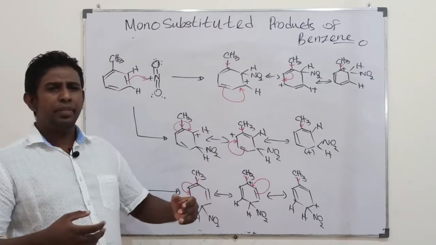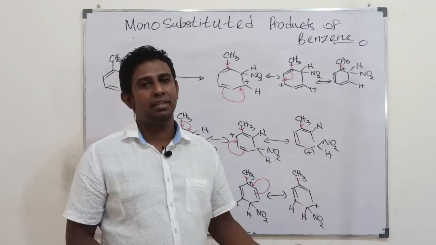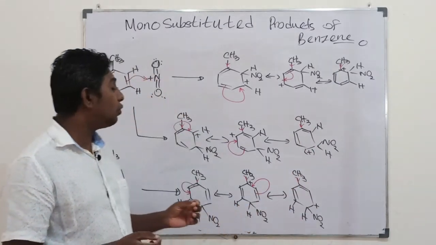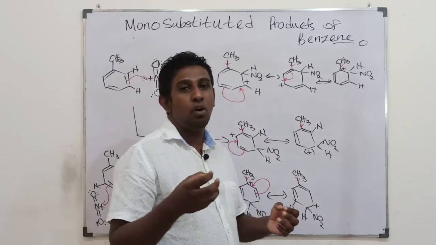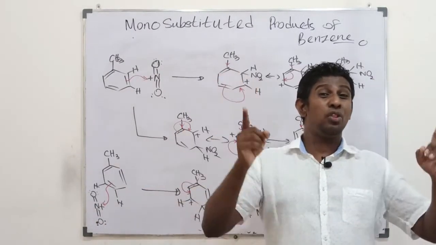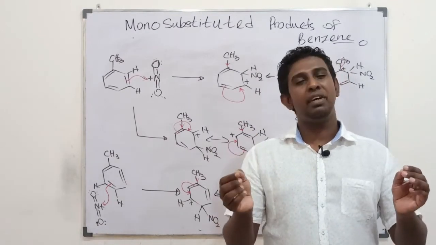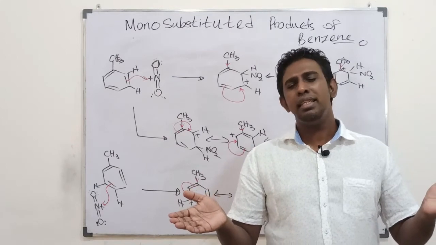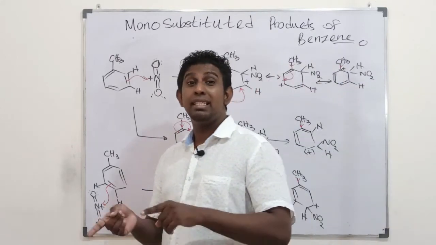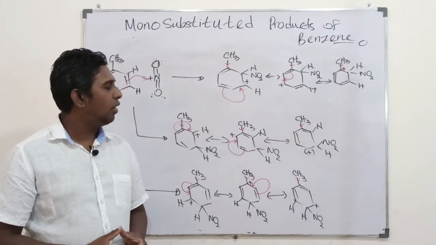Therefore, attack at the ortho and para sites is more favored compared to meta attack. So the methyl group of toluene is an ortho-para directing group. That's how we could explain differently why the CH3 group of toluene is an ortho-para directing group. Hope you understand.